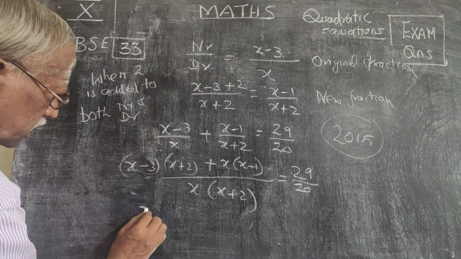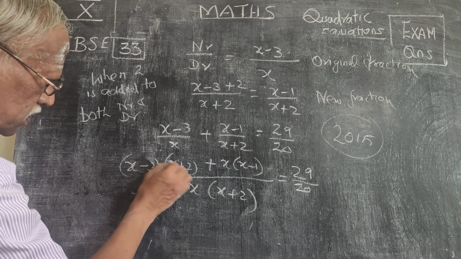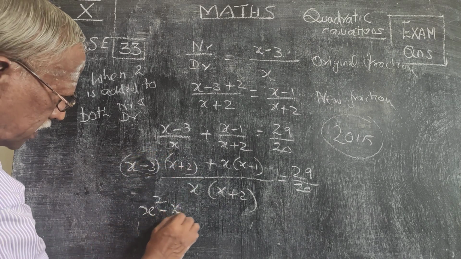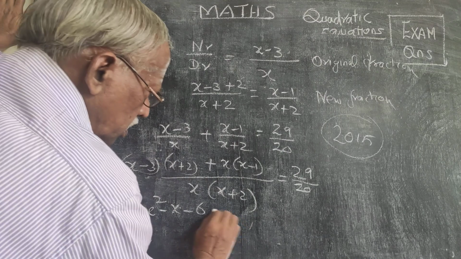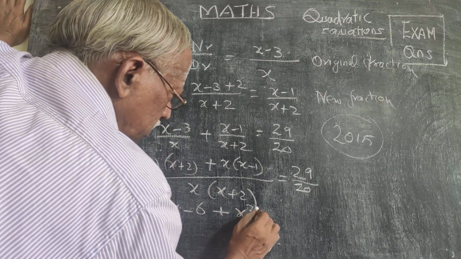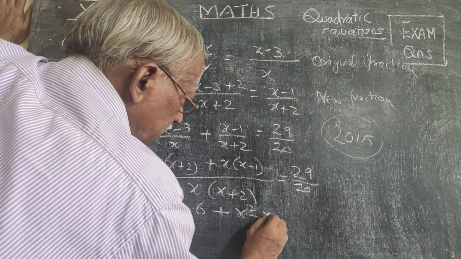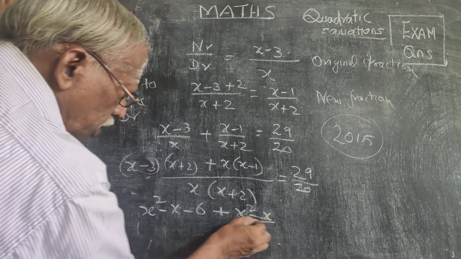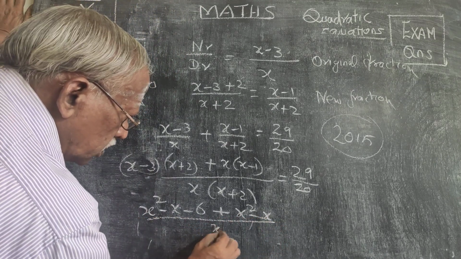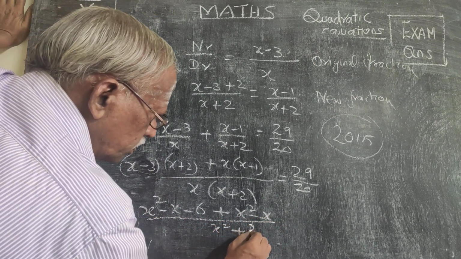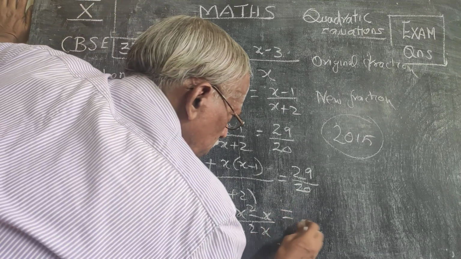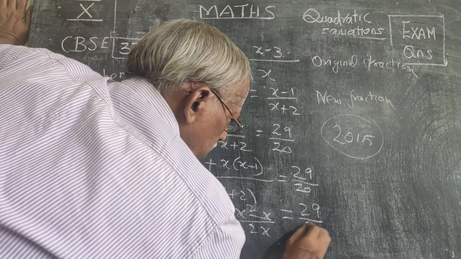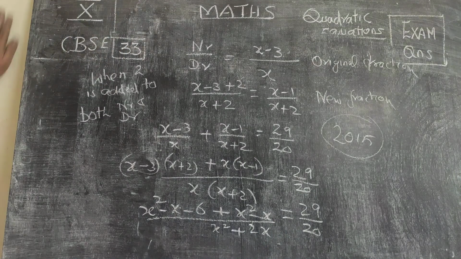On multiplication, you will get x square minus 3x plus 2x, so minus x, and minus 6, plus x square minus x. The denominator is x square plus 2x, equal to 29 by 20.